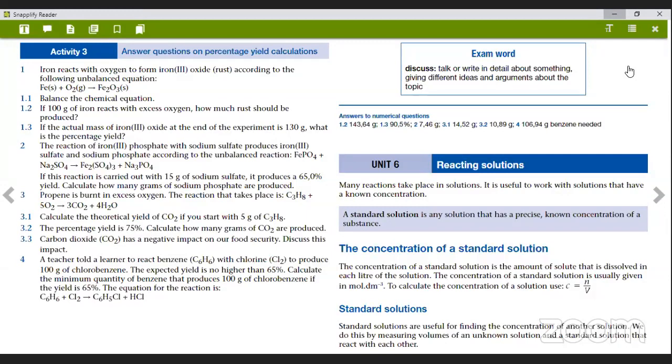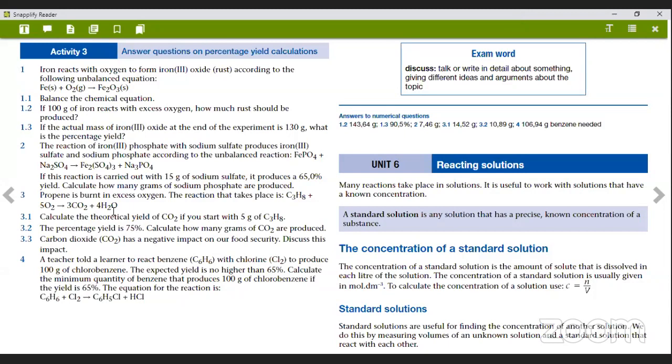You guys had some questions for activity 2, questions on percentage yield. If you remember properly, we did problem 1 together, and then I asked you guys to do number 2 and number 3 on your own as homework, and we'll discuss it today. If you've had any problems, just send me a chat and I will explain everything thoroughly. But for now, I'm going to go to the answers quickly.